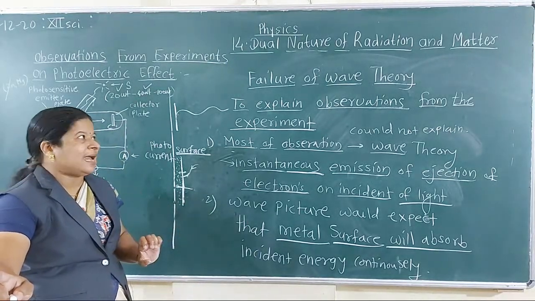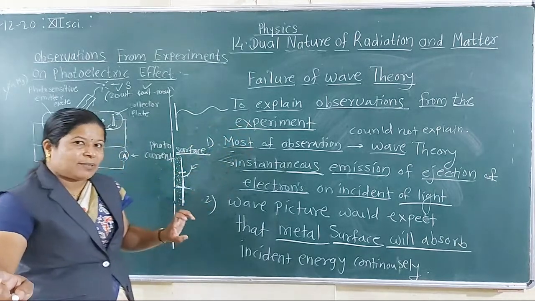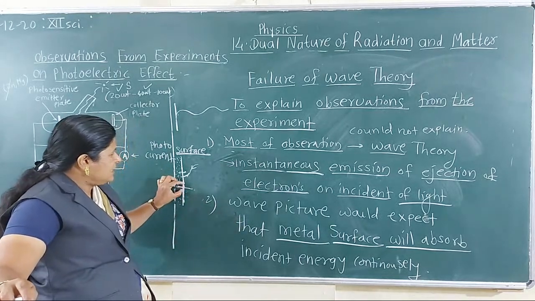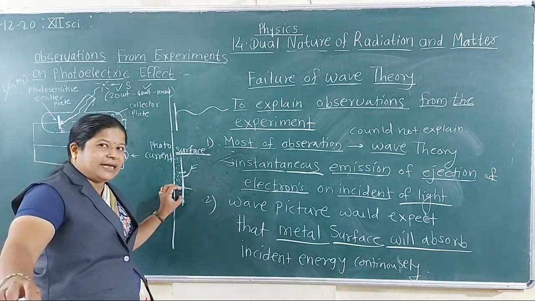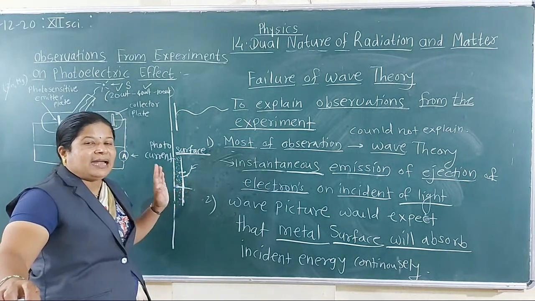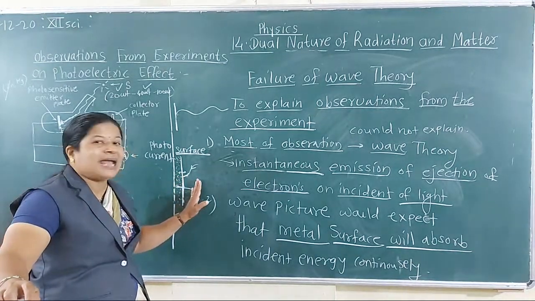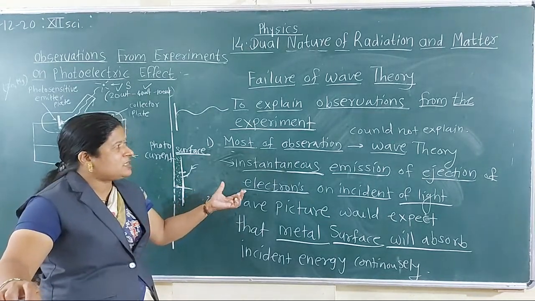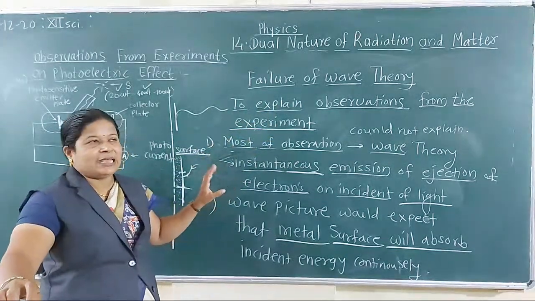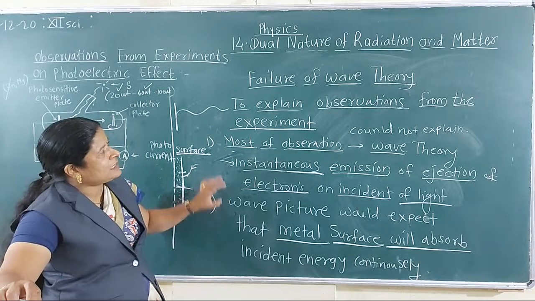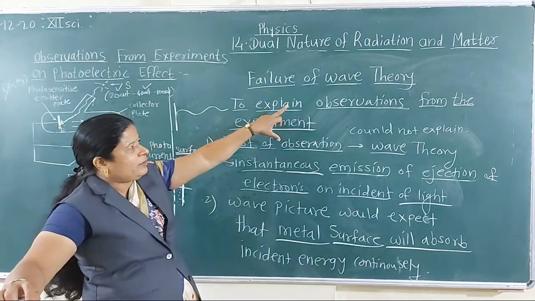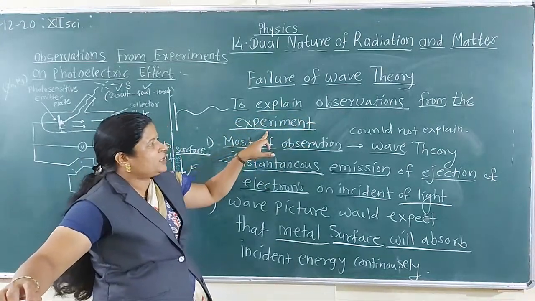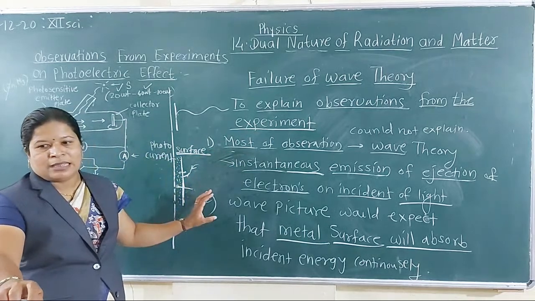It expects that the electrons near the surface take the incident radiation energy and take some time to overcome the metal surface. So instantaneous ejection of electrons is not accepted by this wave theory. These are the 3 points that show the failure of wave theory to explain the observations of this photoelectric effect.